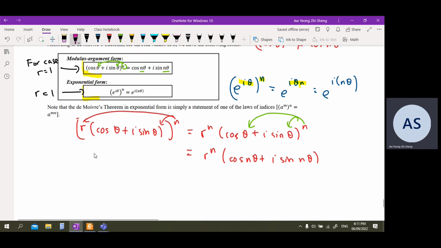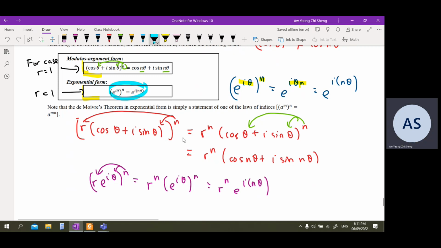Similarly for exponential form, if I have R e^(i theta) taken to the power n, then n gets distributed to the R and the e term. So I have R^n e^(i theta n), which is R^n e^(i n theta), just by applying the result here.